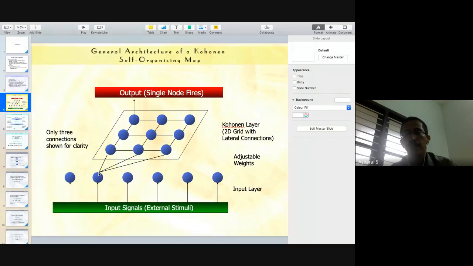This particular neuron will be connected to 9 neurons in the 2D grid, which means that if there are n neurons here, which is equivalent to your dimensionality, all these n neurons will have 9 connections, all right.